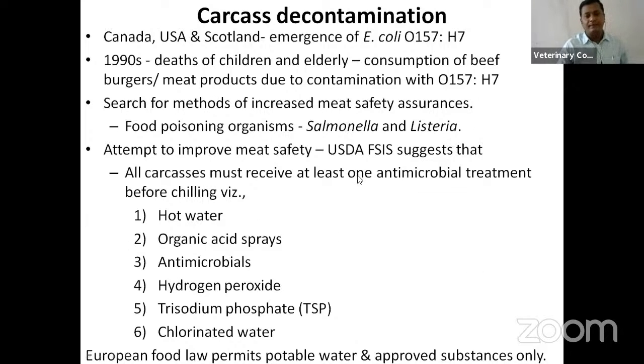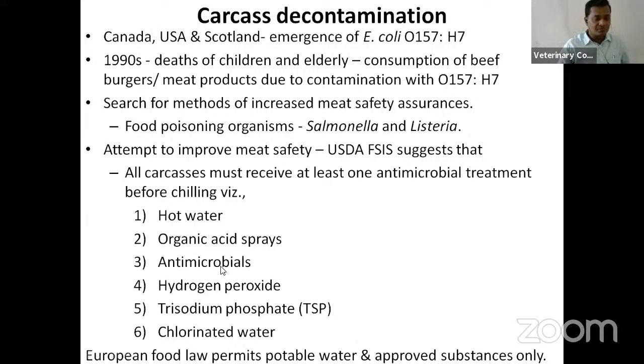In order to improve meat safety, especially in the USA, the FSIS suggests that the carcass must achieve at least one of these carcass decontamination processes prior to the chilling of the carcass. What are those? Number one is hot water. Number two is organic acid spray.